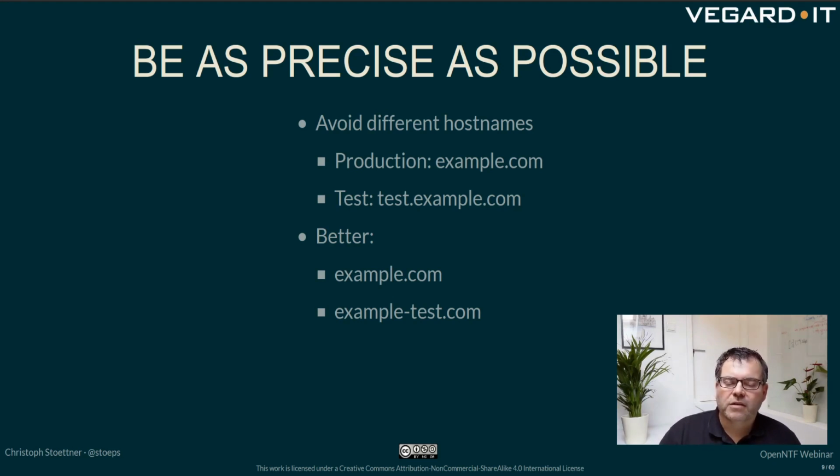So we saved, I would say, 11 bucks for a proper domain name to have a test server like example-test.com. But I invested 5-10 hours providing log files, providing workarounds, and so on. So I would recommend to try to be precise even with host names.